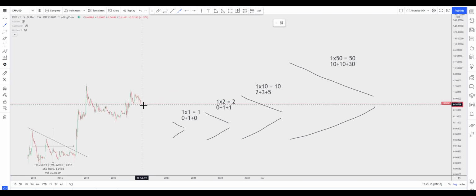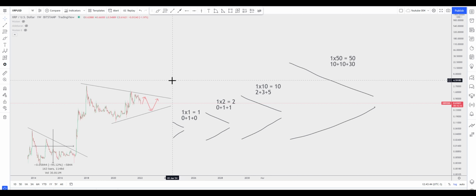I will add mine. It doesn't have to be exactly like this.